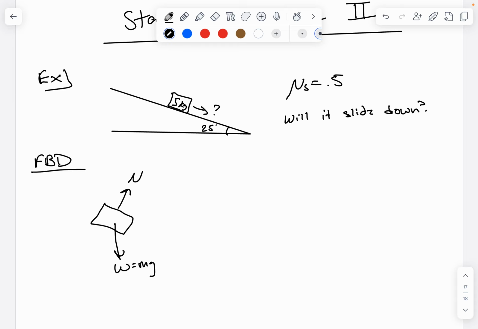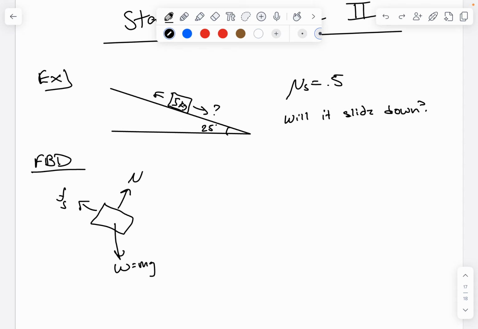So we need to find this. We know there's friction upwards, so I'm going to say there has to be static friction going up, and there has to be some sort of force going down. But this force, we weren't told that anything was applied. So this force is going to come from the weight force.